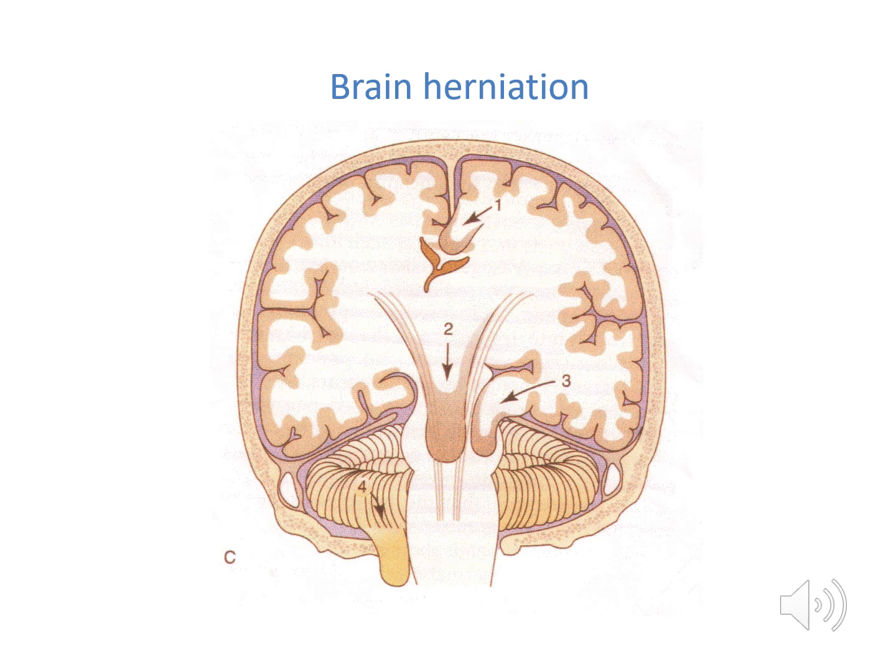And if the increase in intracranial pressure was coming from the infratentorial compartment, that could either shove brain tissue back up into the supratentorial compartment, or it could maybe shove brain tissue down through the foramen magnum.